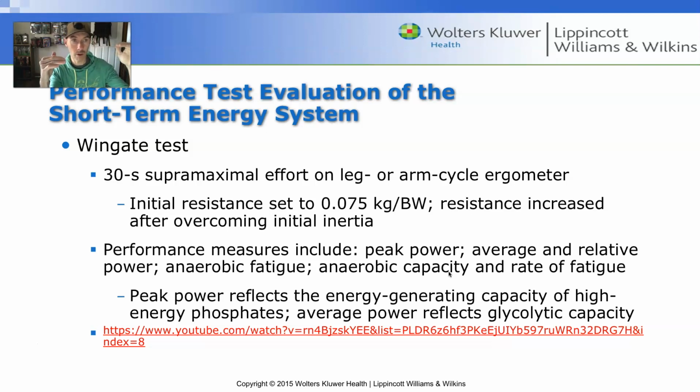But people who are not very well trained, they're going to drop off greatly. Okay, so a fatigue index can be an indicator of what their capacity is to sustain an all-out effort, right? Usually when people are untrained, they drop off very rapidly. But if we have a very well-trained individual, their fatigue index is lower because the difference between their peak and their lowest power outputs is not too dramatic, okay?